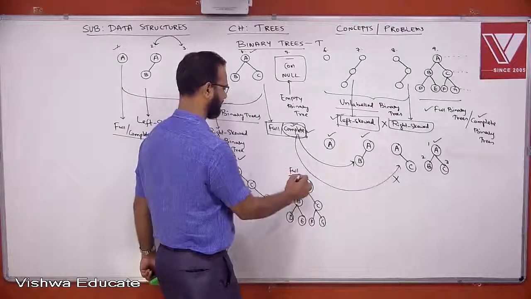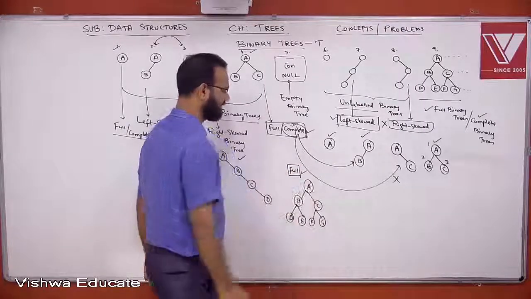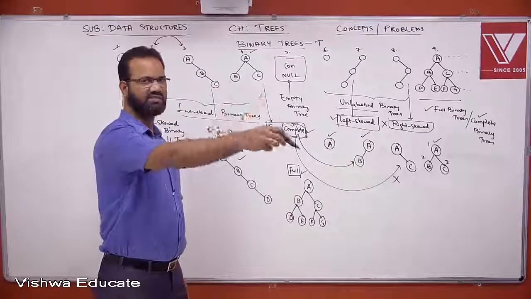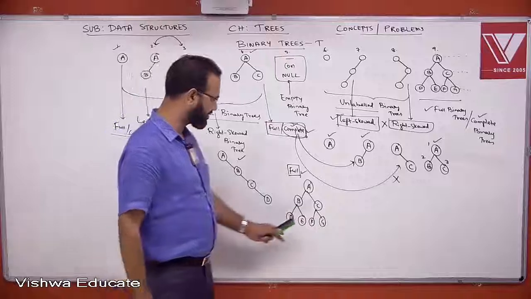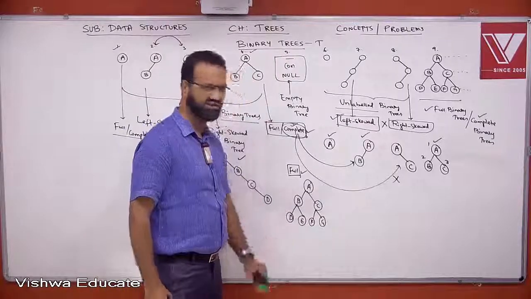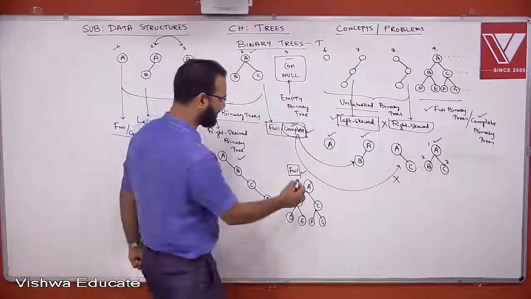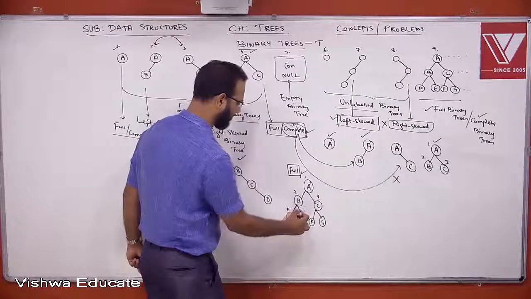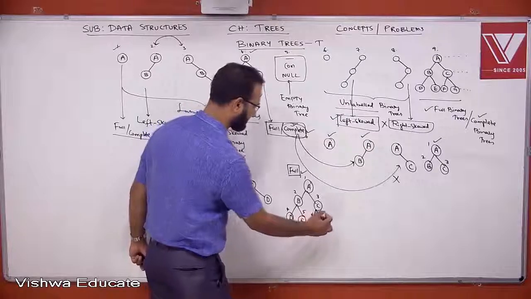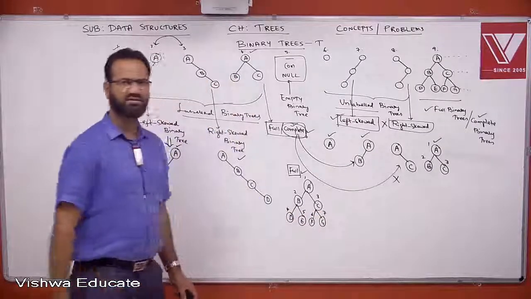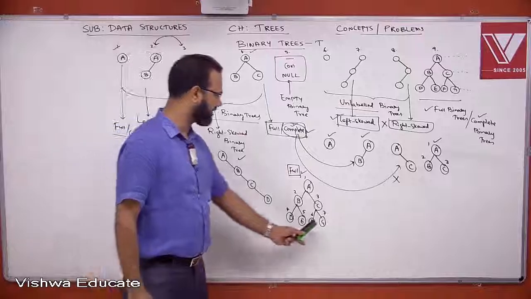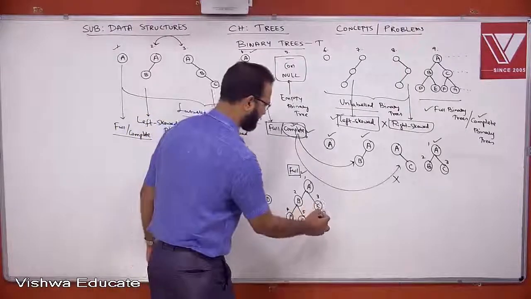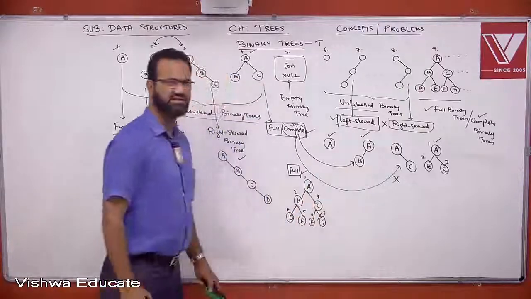Fine. Once it is a full binary tree, now if I start deleting a node from the last position in the tree, the last position is node G. I will label the nodes like this: 1, 2, 3, then 4, 5, 6, 7. The seventh node, that is the last node in the tree, is G. So if I delete one node from this tree, say G is removed.